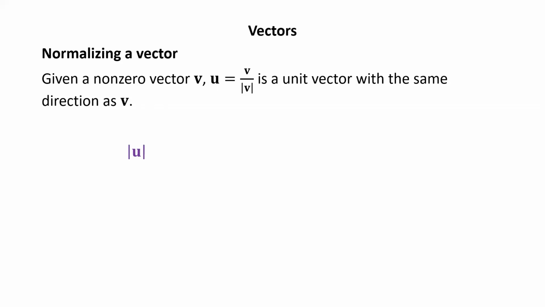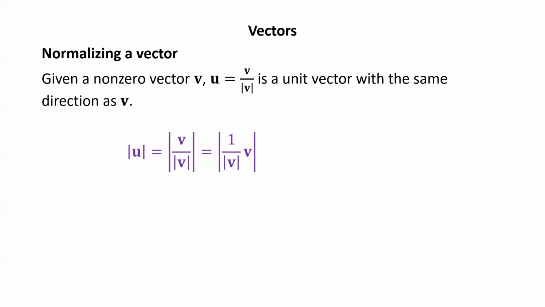Let's just check that the vector u that we have defined this way actually has length 1. Well, the length of u is the length of v over length v, just a direct substitution there. Now, since length of v is a scalar, it's just a real number, we could write v over the length of v as 1 over length v times v.